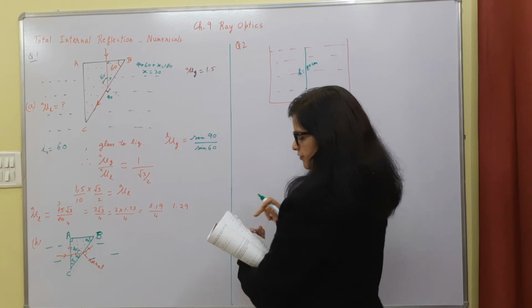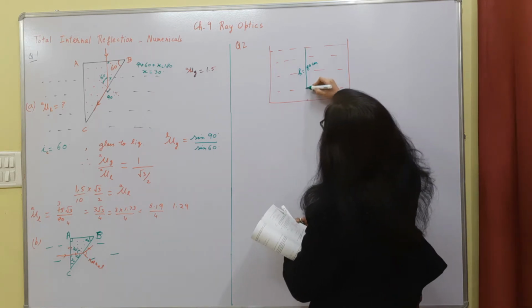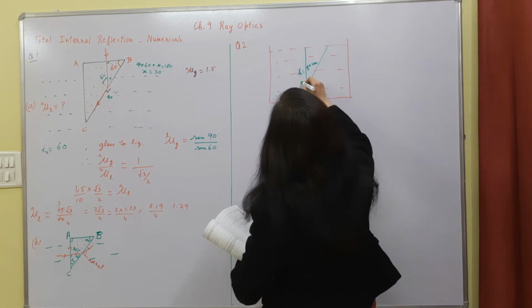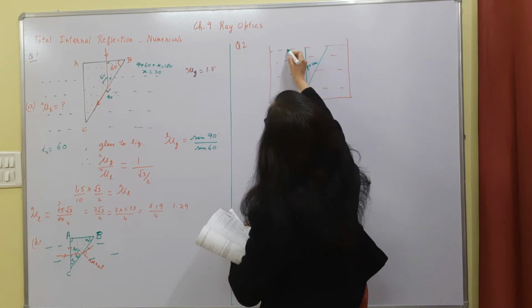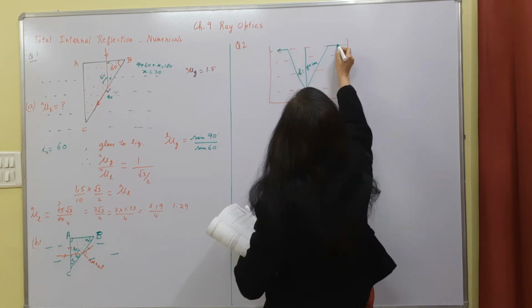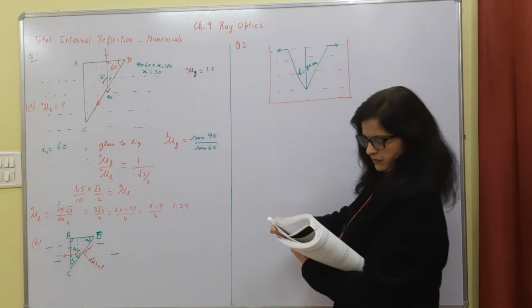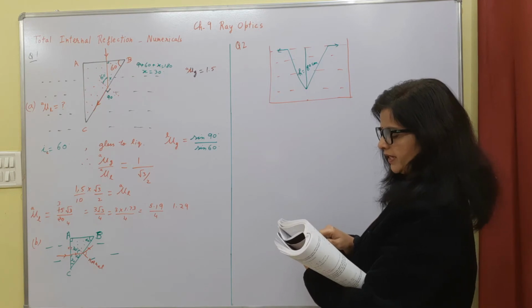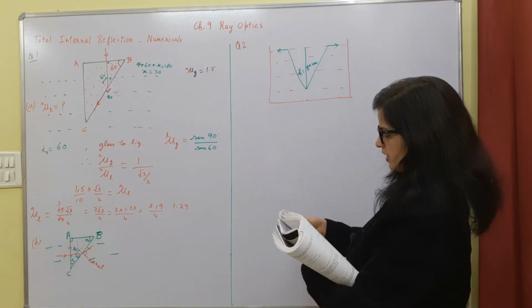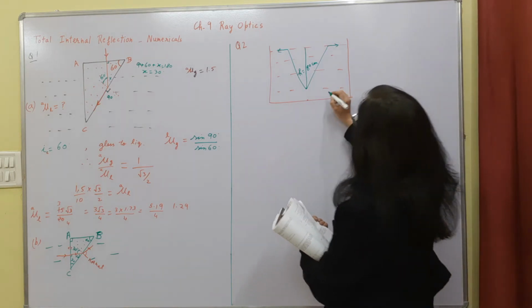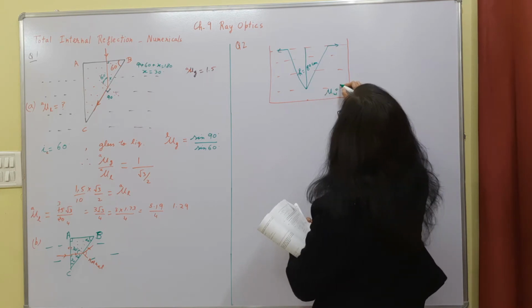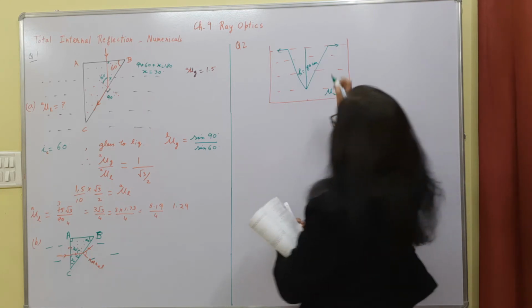What is the area of the surface of water through which light from the bulb can emerge out? Refractive index of water is 4/3. So how can we find this?